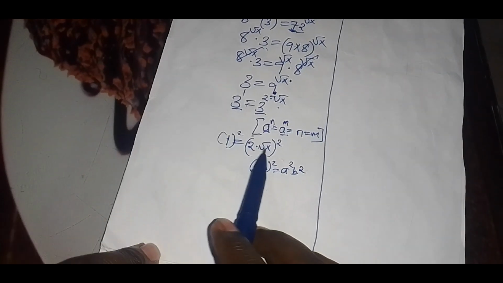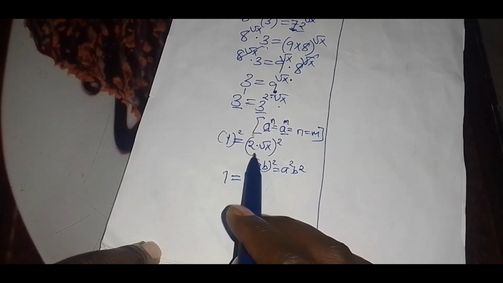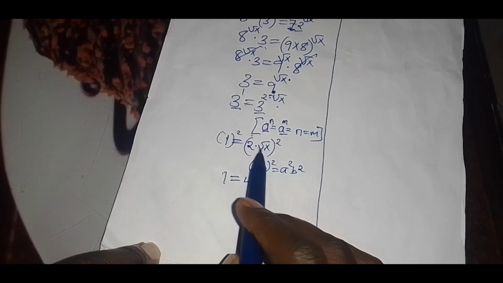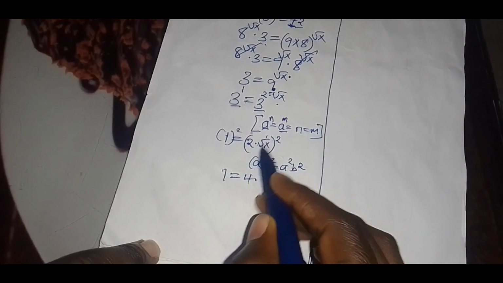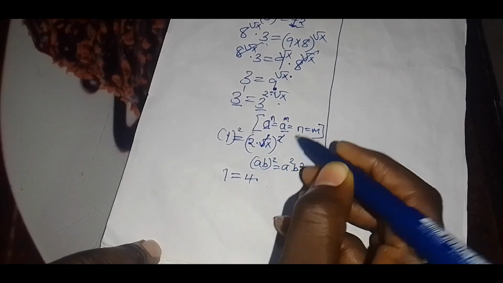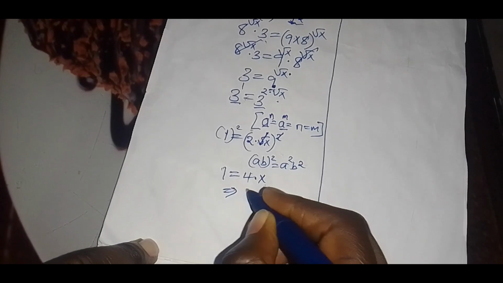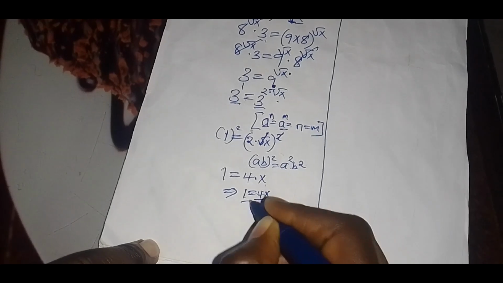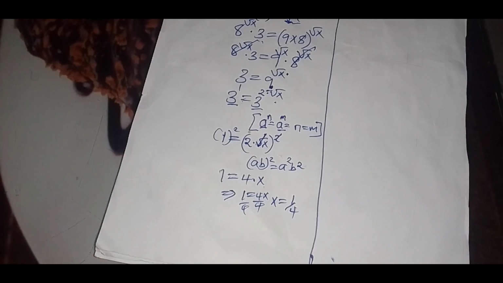So we'll have 1 squared is 1, equal to 2 squared, which is 4, multiplied by the square of the square root of x, which just removes the square root, so we have x. So 1 is equal to 4x, so x is equal to 1 over 4, a quarter.